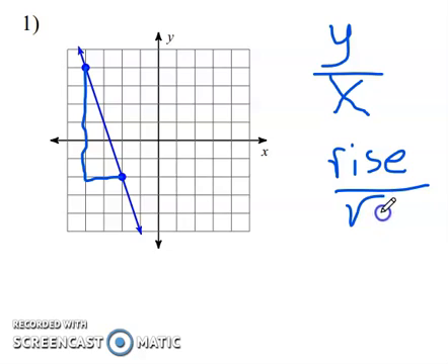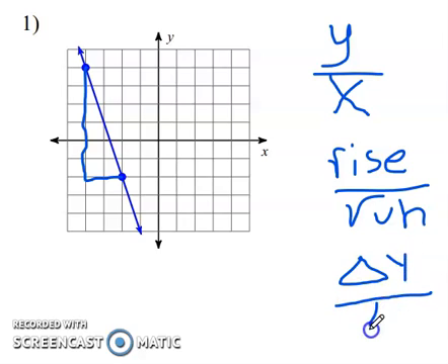So these are the 2 very important things. And then we do change in y. So triangle in math means change in y compared to the change in x. Okay. So rise over run is probably the easiest one to remember.